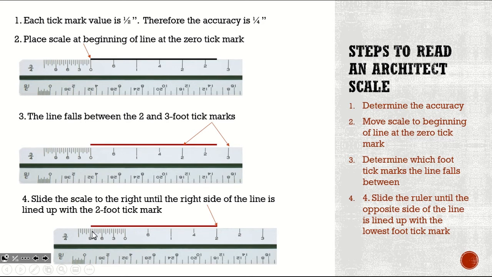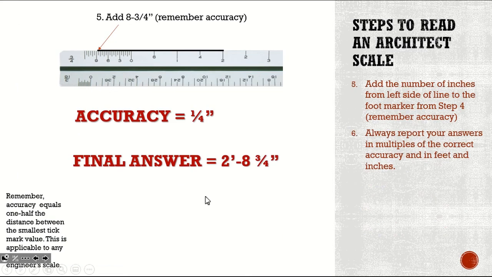So if I really wanted to be picky, halfway in between, it'd be 2 feet 8 3/4 of an inch. Okay? And that's what I get because it doesn't quite hit the 9, it doesn't quite hit the 8, so it's halfway in between. Okay? So that is the answer to that on an architect scale.